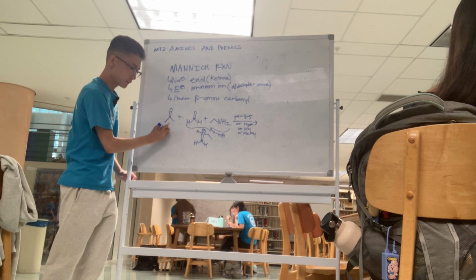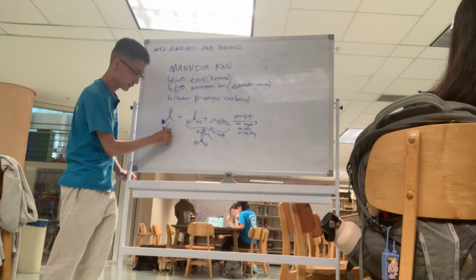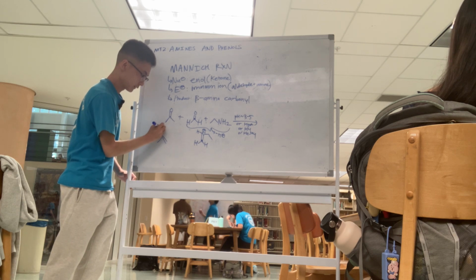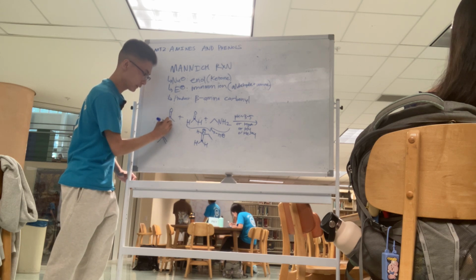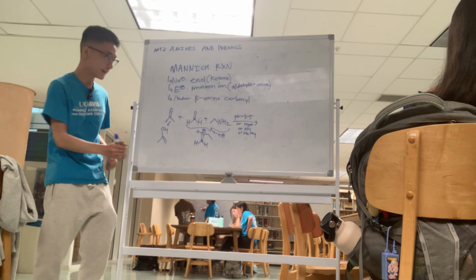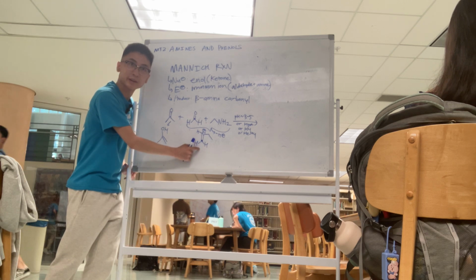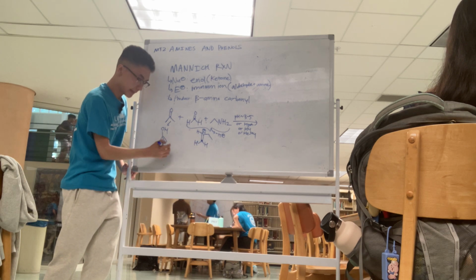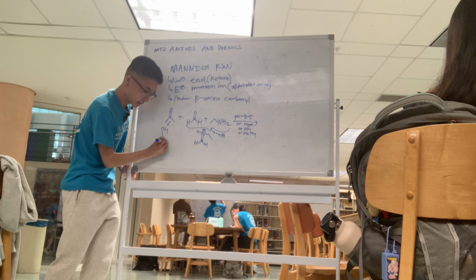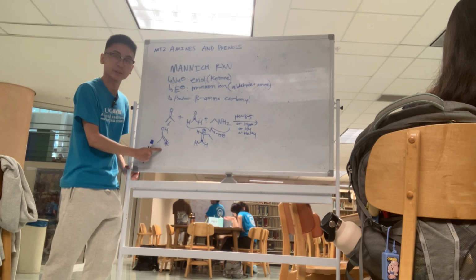This one here will be your enol, right? So for here, this iminium carbon is the electrophile, that dot carbon right there. The nucleophilic atom is going to be this alpha carbon of the enol right here.